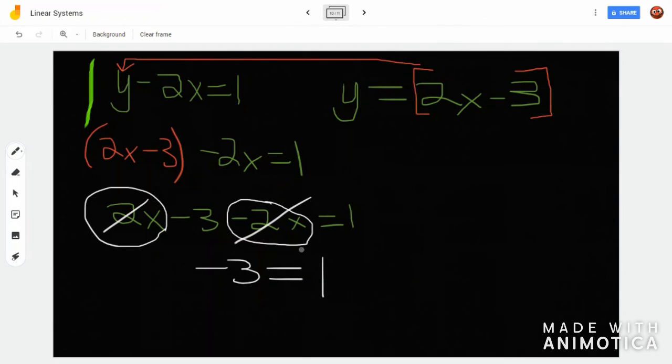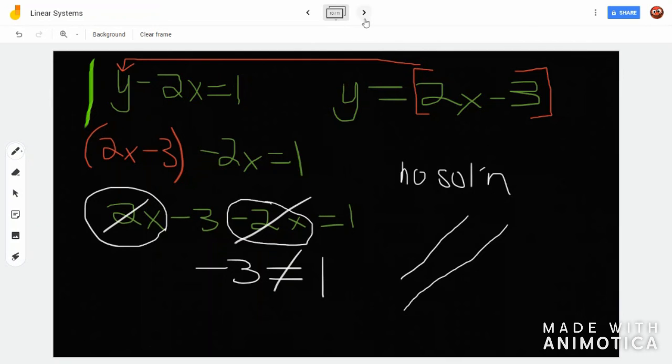Now, -3 does not equal 1, so this is untrue, which is our clue that this is a no solution system. And no solution systems are systems of parallel lines that are never, ever, ever going to cross.